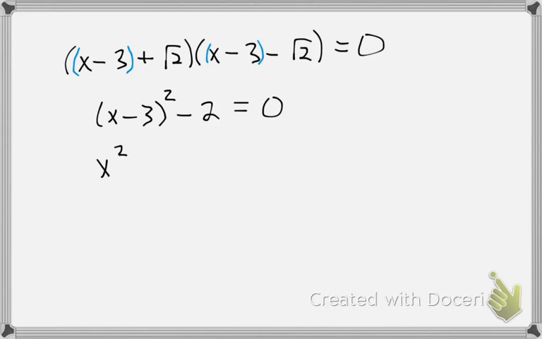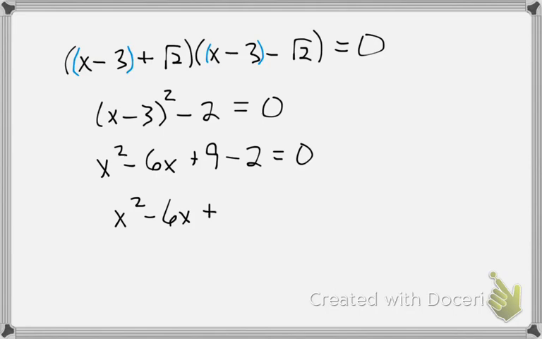If I multiply that out, that's x squared minus 6x plus 9 minus 2 equals 0. So x squared minus 6x plus 7 equals 0 is a quadratic equation whose solutions would be 3 plus or minus square root of 2.